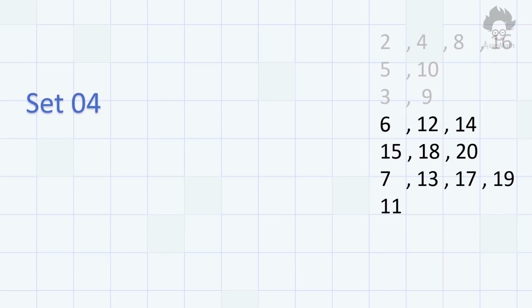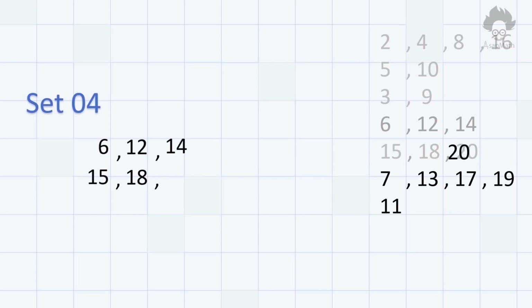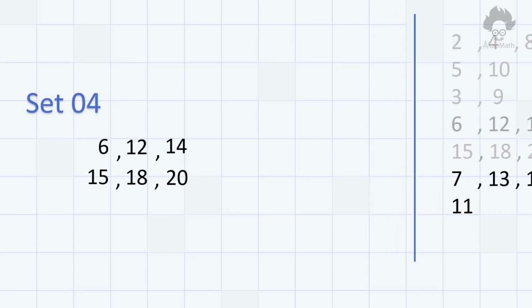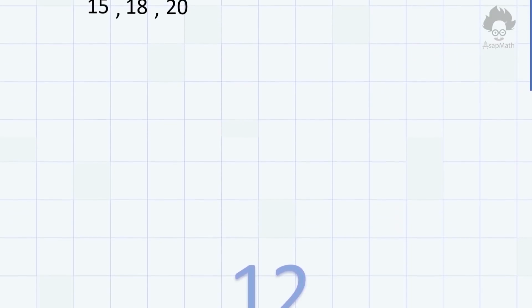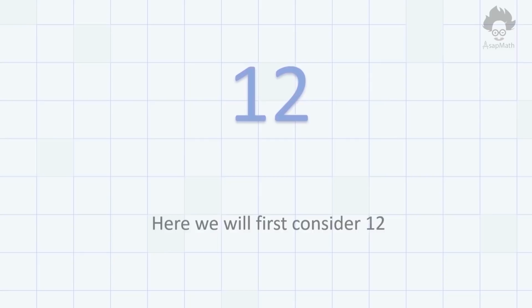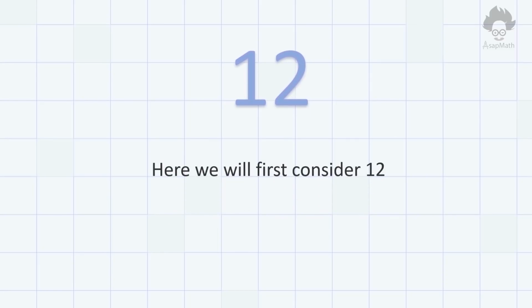Set 4 consists of 6, 12, 14, 15, 18 and 20. First, we will consider the number 12 to build up the logic of this.